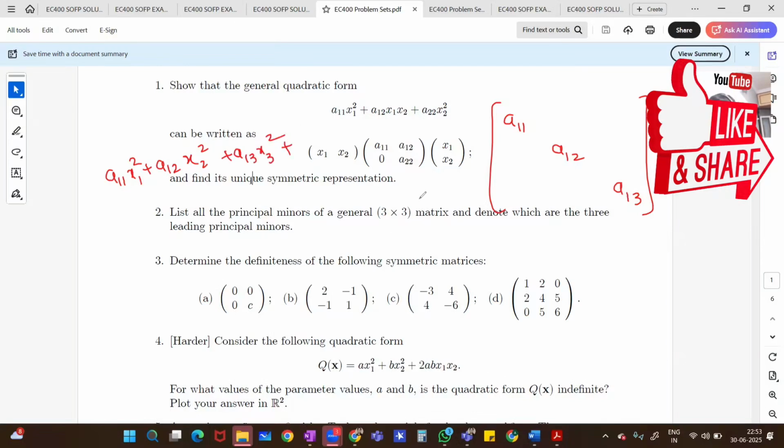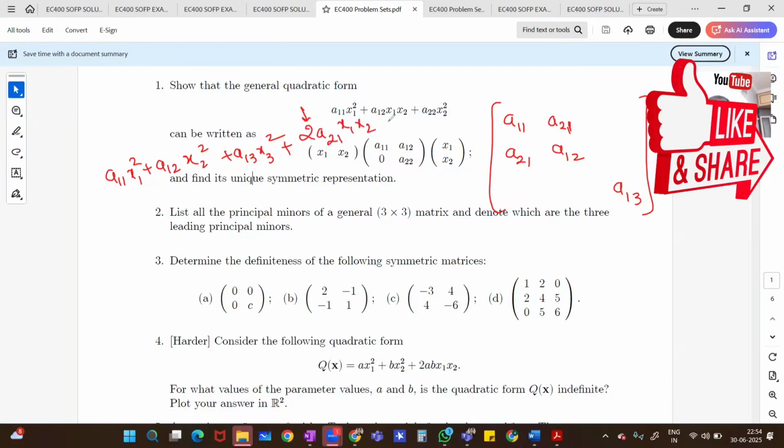Then you will have x1 x2, and the coefficient will be A21, so here it will become 2A21, double of it.